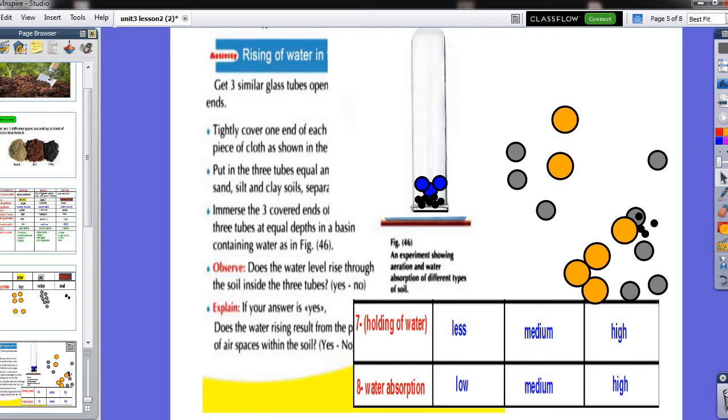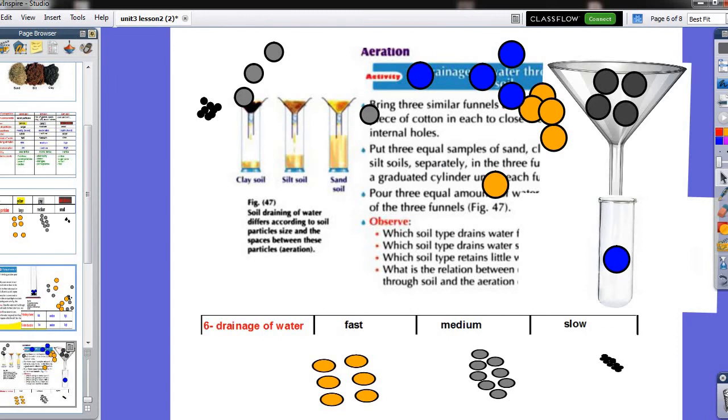Let's talk about another activity. This activity is related to the drainage of the water. Here I have a funnel and test tube.